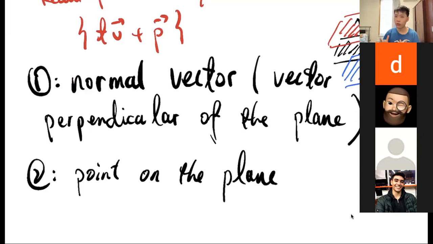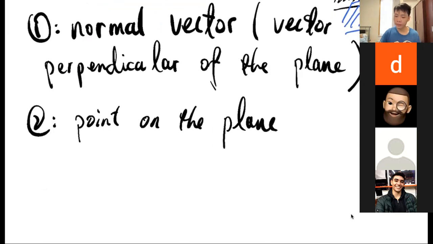So in order to be specific about the plane, you need a specific point on the plane. Let's say this x, or this point y, or this point z.